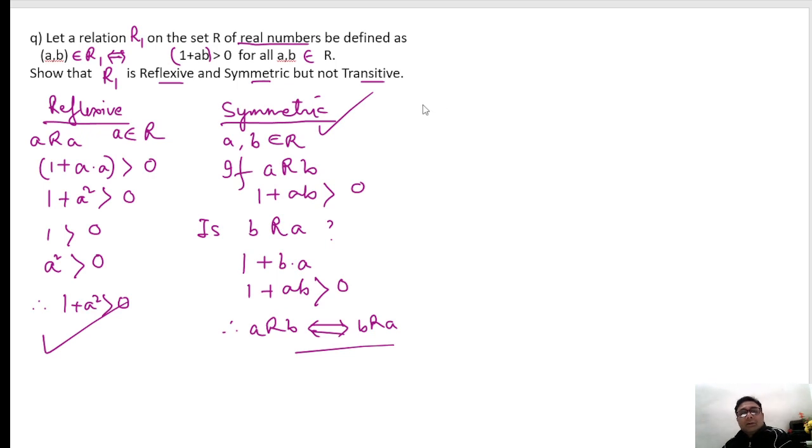Now let's test for the transitivity. Transitive condition. A, B, C, we will choose from a real set.